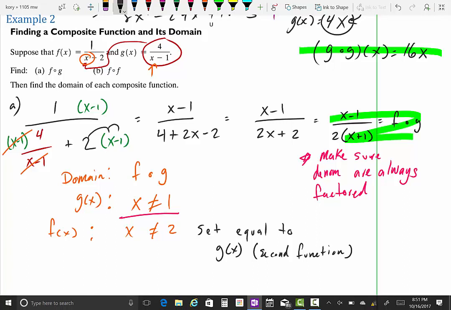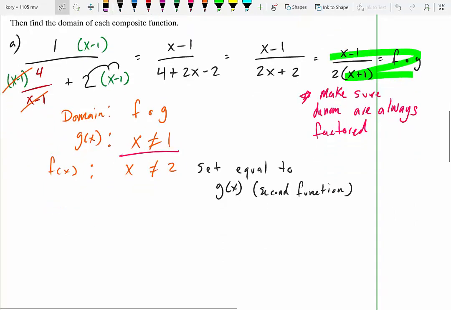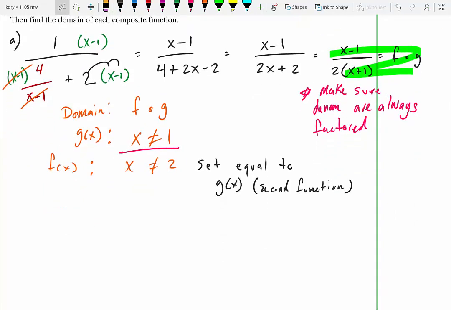Whatever the first letter of your function, whatever that domain is, you set the second function equal to that. So remember we're doing f composed with g. So our second letter is g of x. So g of x is 4 over x minus 1, and then we're going to set that equal to the domain of f of x, the first letter. So 2.